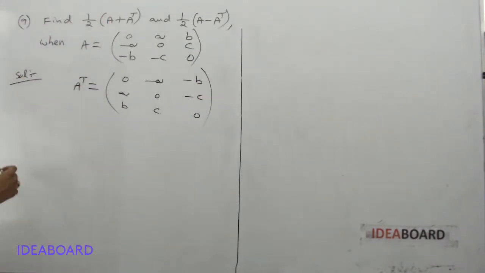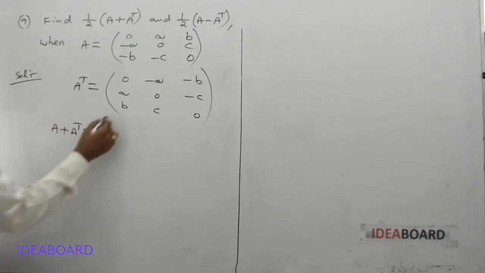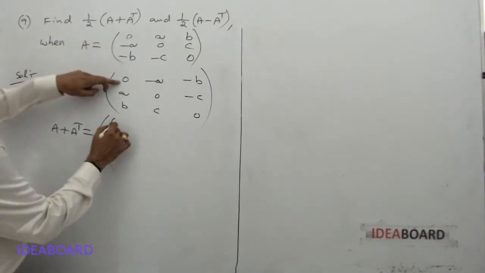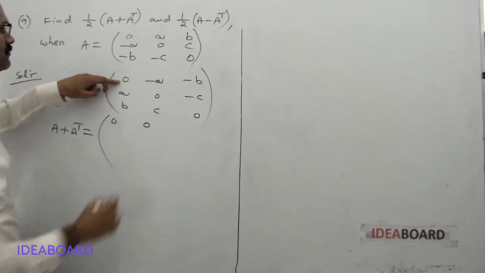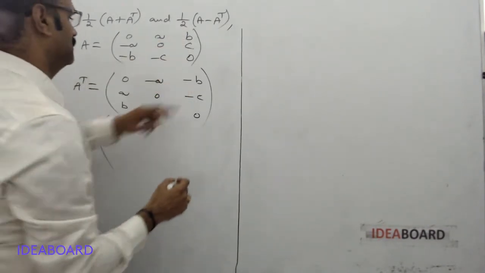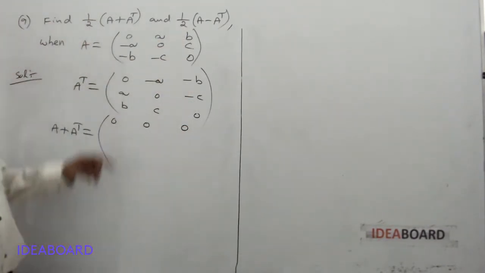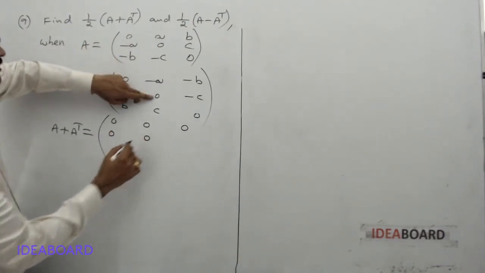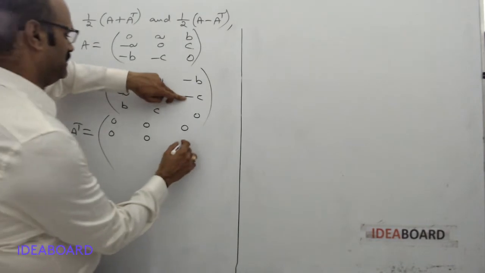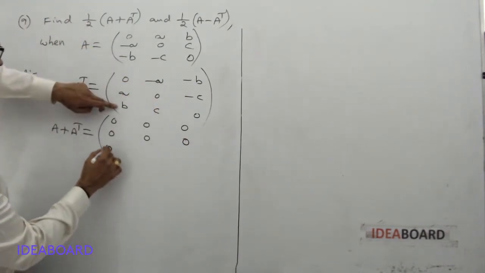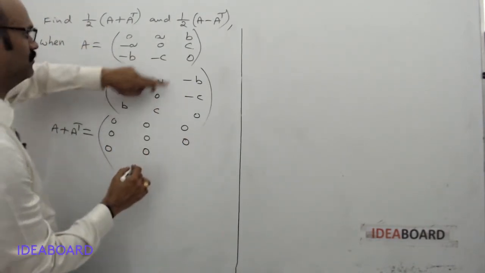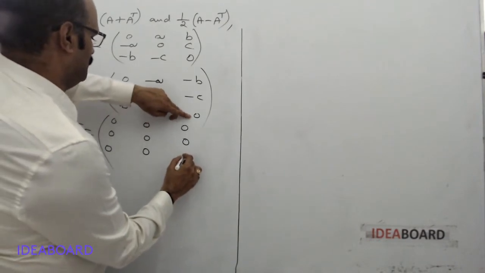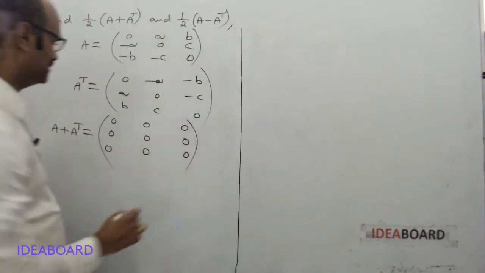Now A plus A transpose equal to 0 plus 0, 0, 0, 0, 0 plus 0 equal to 0, c plus minus c, 0, 0, 0, sum of two zeros 0.